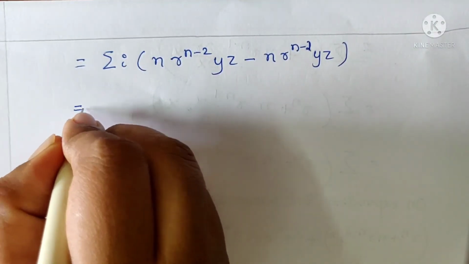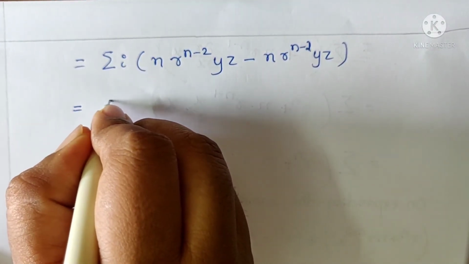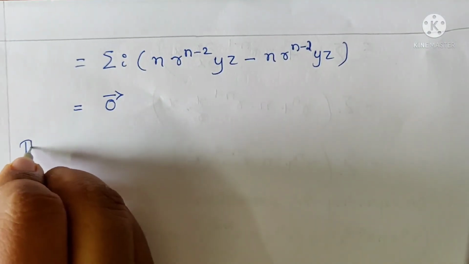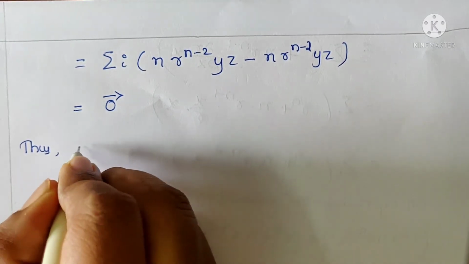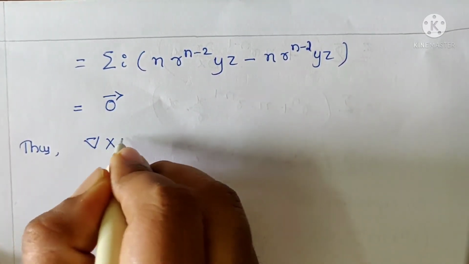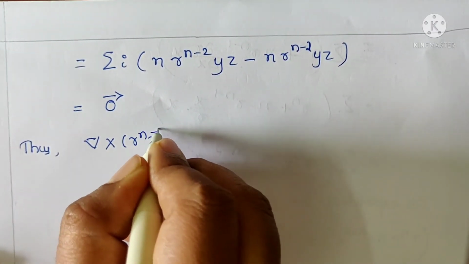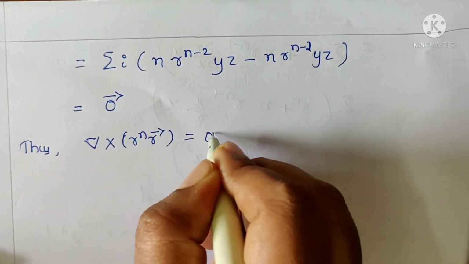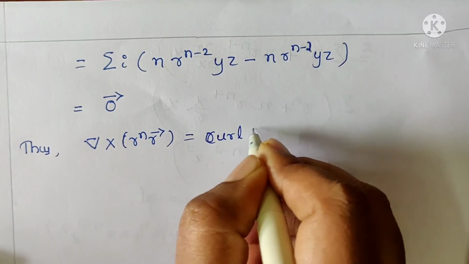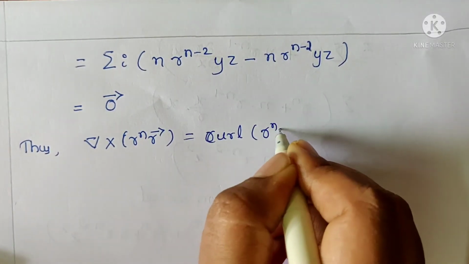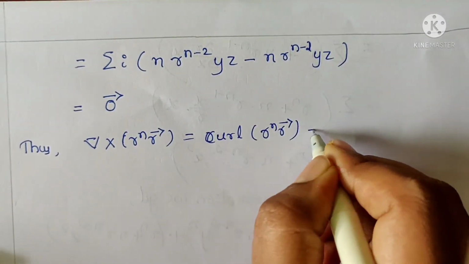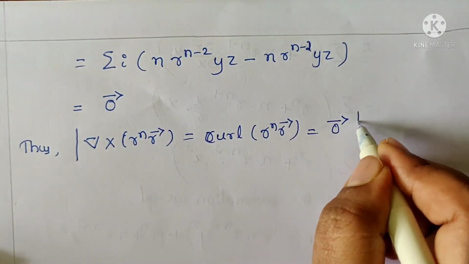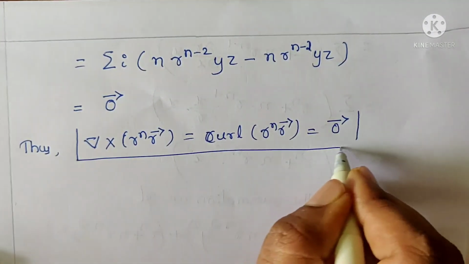What happens? Both the terms are same, it is 0 vector. Thus del cross r raised to n into vector r, that is a curl of r raised to n into vector r, is equal to 0 vector. Hence proved.